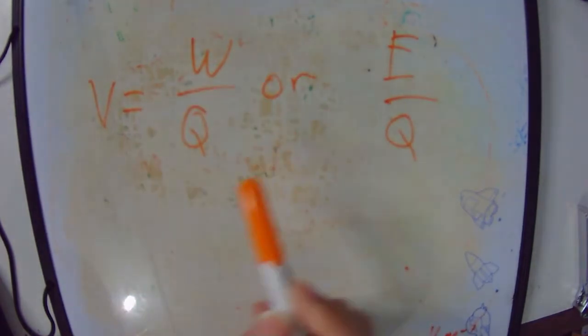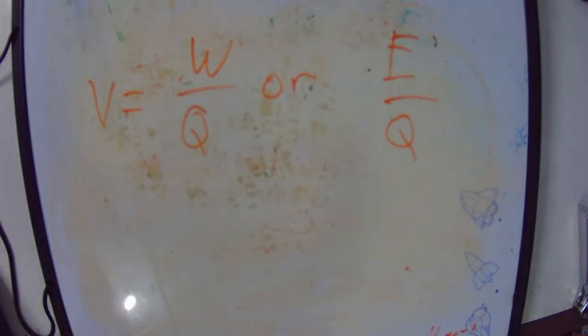So for example, we have one circuit where for every joule it moves three coulombs, and another one, for every joule it moves 1 coulomb. The one that has a lower number of coulombs will have a higher overall voltage.